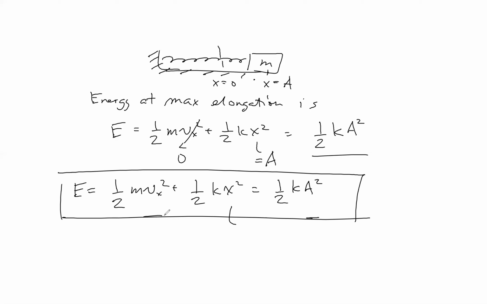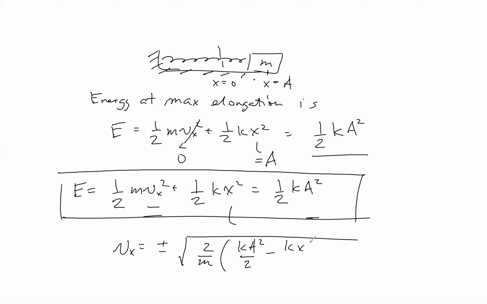If I isolate that v sub x term in this equation, and it's worth doing this on your own, I'm just going to draw out the answer. Remember, I have a v x squared, so I'm going to take a square root at some point, giving me the option of this plus and minus. What it leaves me with is this: v sub x equals plus or minus the square root of 2 over m, times kA squared over 2 minus kx squared over 2.